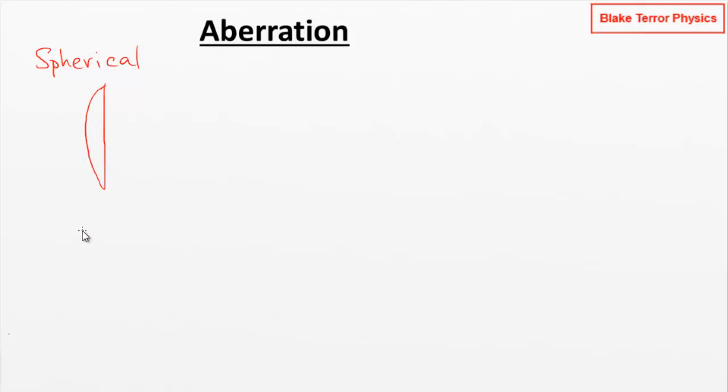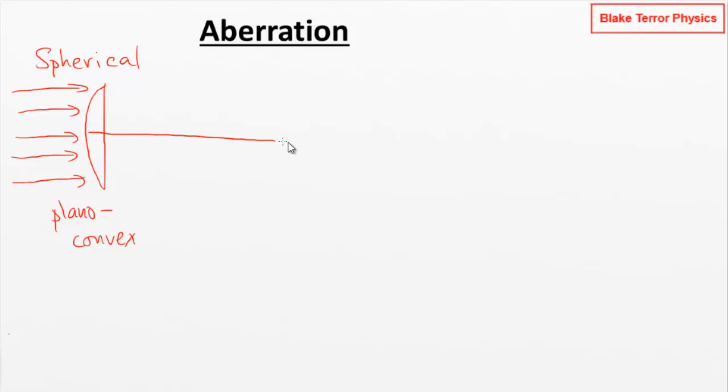So say we've got a plano convex lens such as this. Our first surface here, say it was spherical, so better than the drawing I've actually done. We've got this parallel light coming in. The stuff hitting in the middle is just going straight on, but as the rest of the light focuses, depending on how far away we are from this central axis, it's going to have a different focal length.